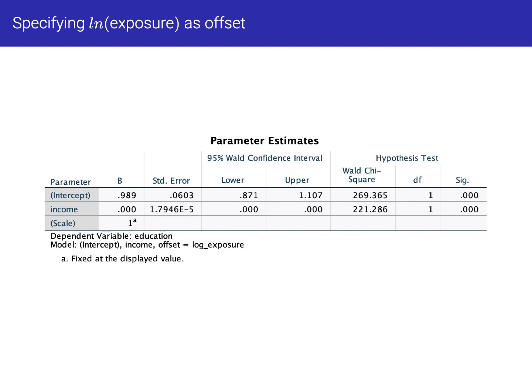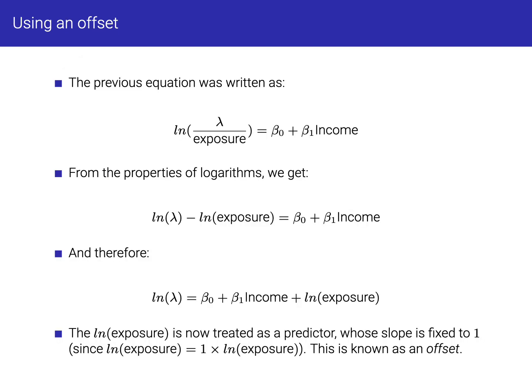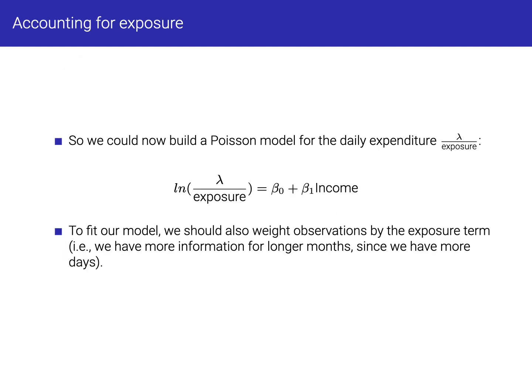And what's interesting about doing that is that, again, you could weigh your observations and you could predict daily expenditure instead of monthly expenditure in this example. That allows you to account for exposure in the same way.